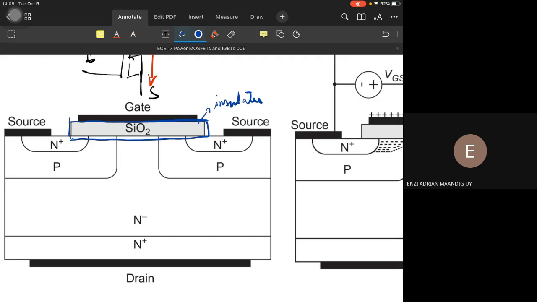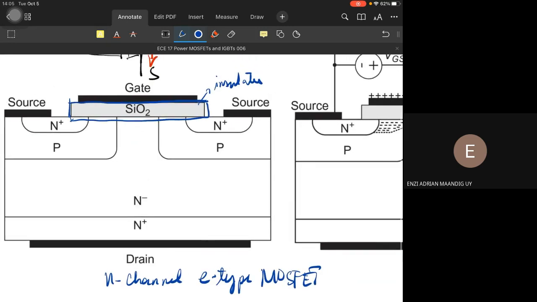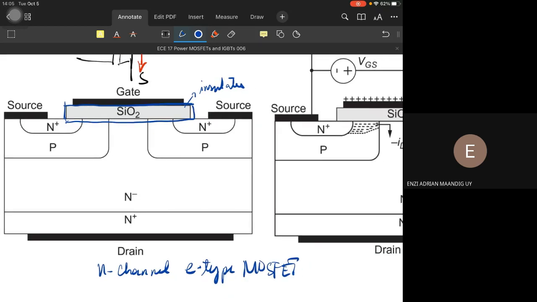Although this is specifically an N-channel E-type MOSFET. E means enhancement, right? So this is an N-channel E-type MOSFET. It has an N layer, well, that facilitates the flow of majority carriers.